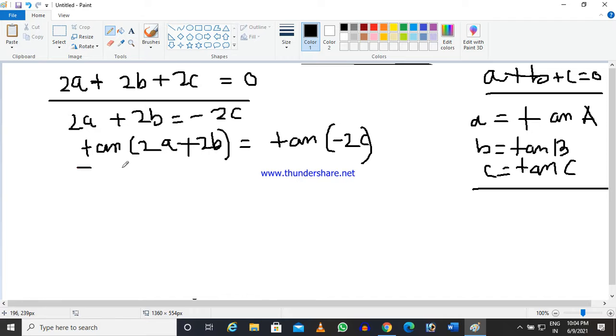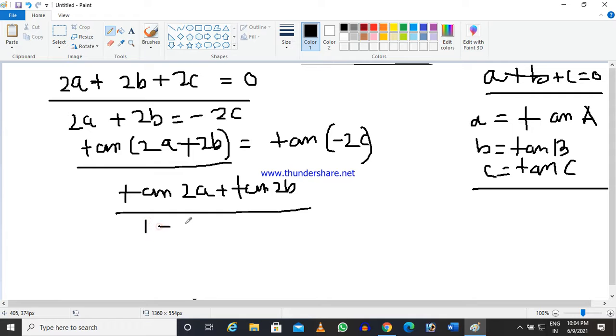Now if I expand it, that is tan 2a plus tan 2b divided by 1 minus tan 2a into tan 2b is equal to minus tan 2c, because tan of minus 2c means minus tan 2c.